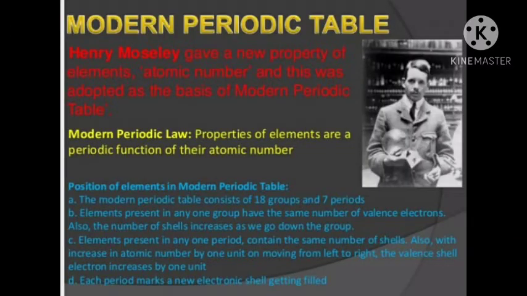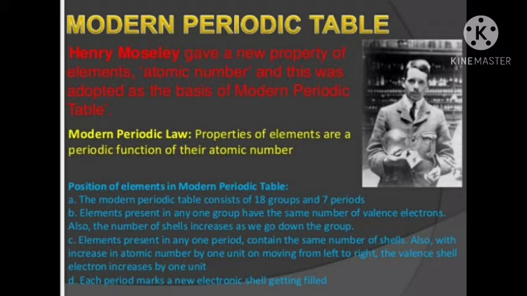Modern periodic table. Henry Moseley in the year 1913 gave a new property of elements, atomic number, and this was adopted as the basis of the modern periodic table. Modern periodic law: properties of elements are a periodic function of their atomic number.